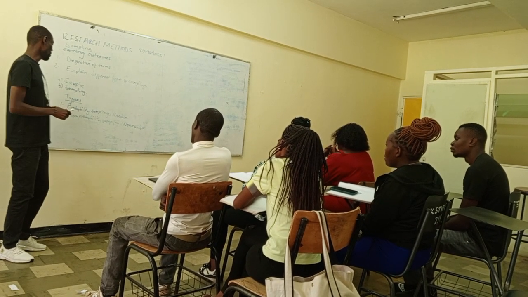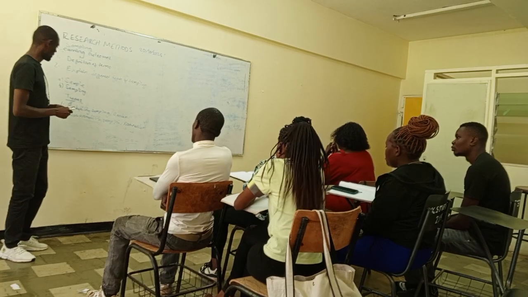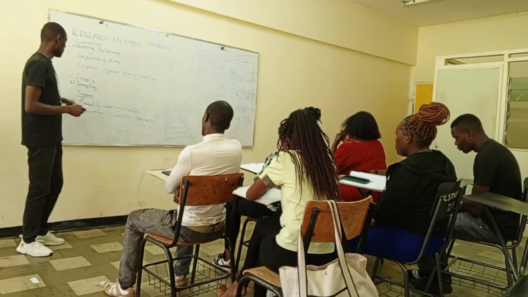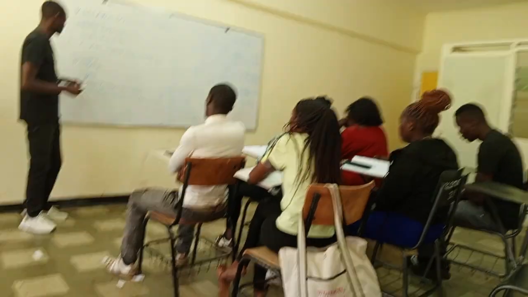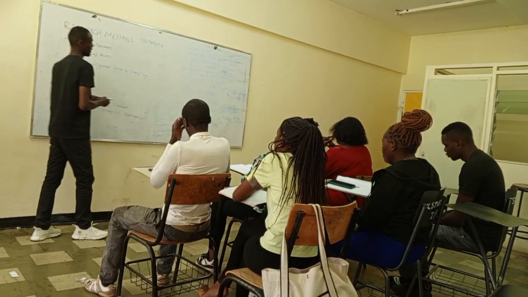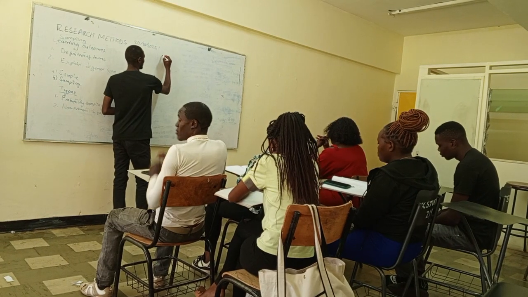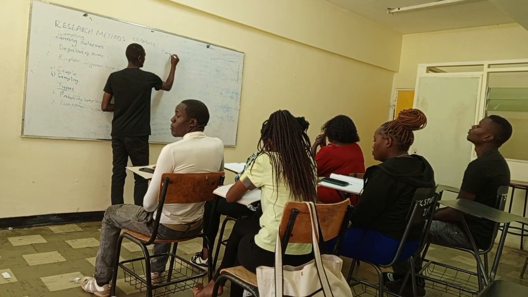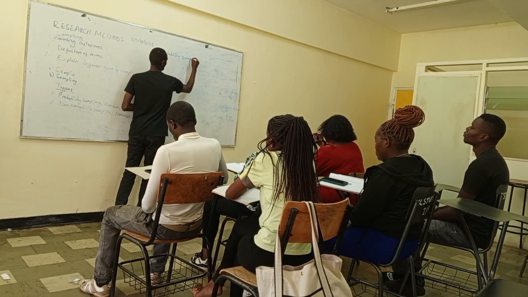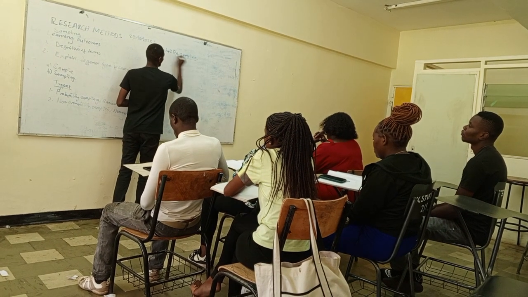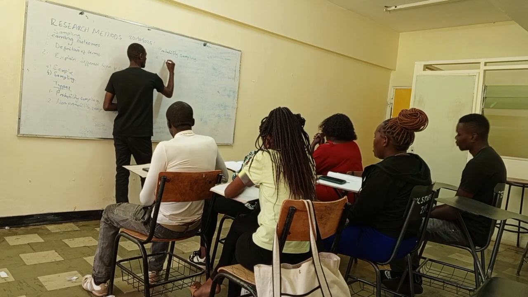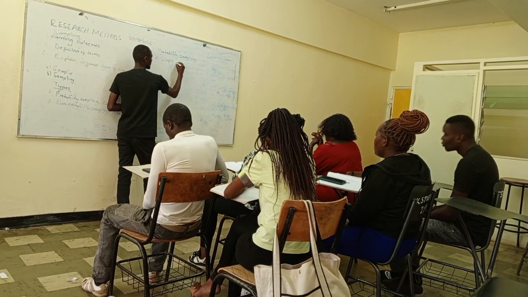So we have several subtypes of these two broad sampling types. Let's start with probability. Under probability, we have the first one, we call it simple random sampling.